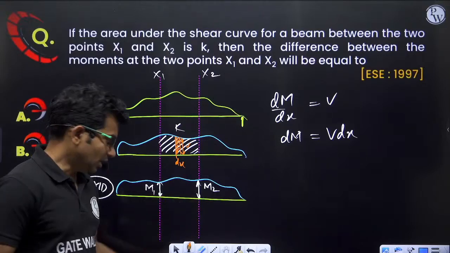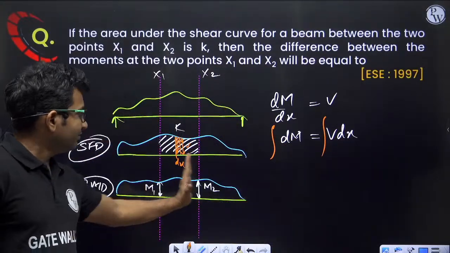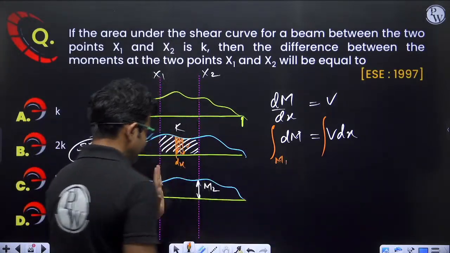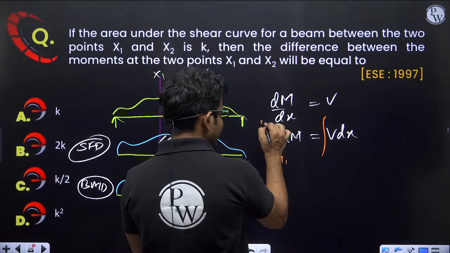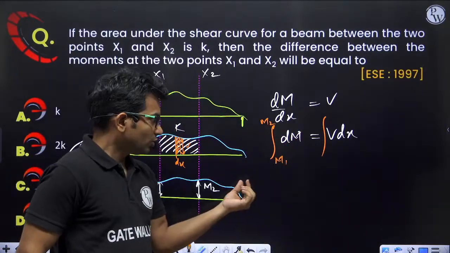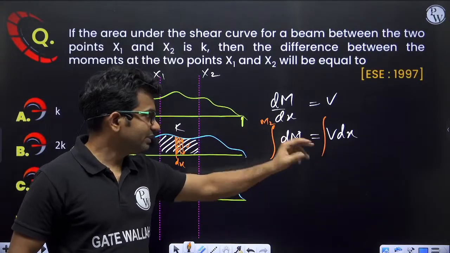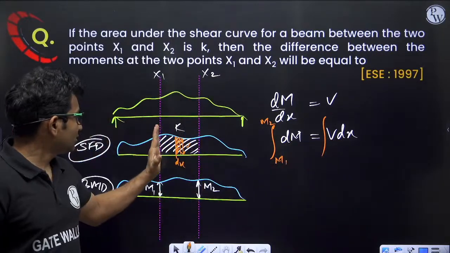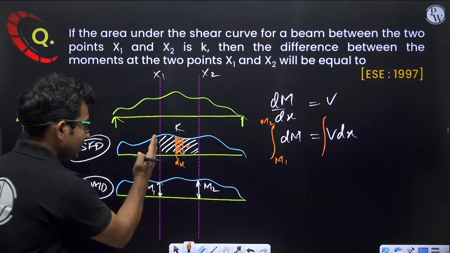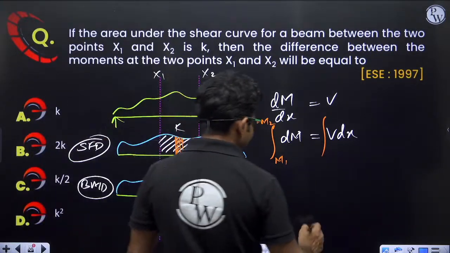Now if we integrate this from point 1 to point 2, so at point 1 we are having bending moment m1, and at point 2 we are having bending moment m2. So from point 1 to point 2, if I integrate this, I will be getting integration of bending moment as M. From x1 to x2 I will be getting the entire area of this. Entire area is k.